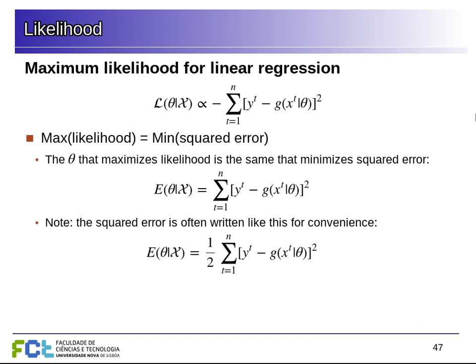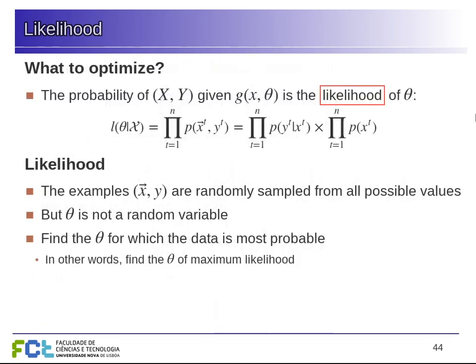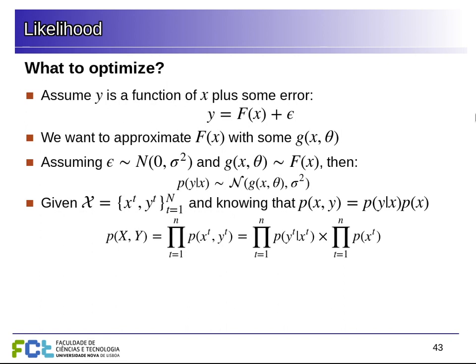Okay, so this is what we get in regression problems, typically, when we're trying to predict those values, if we assume that the error only affects the value we are predicting and does not affect the features we are using. So remember that this is a consequence of this probabilistic model here, where we assume that there is some function of x that gives us y plus some error that is normally distributed.